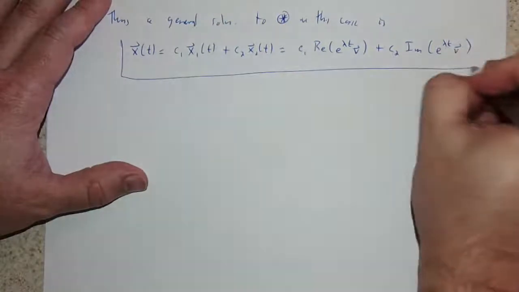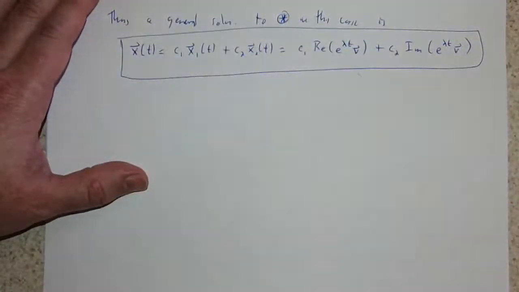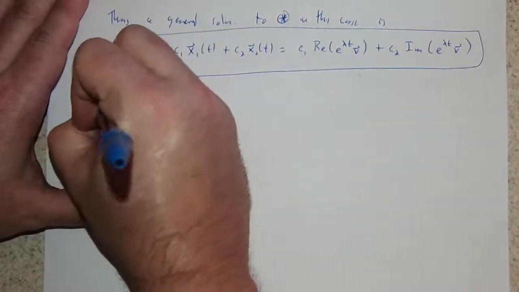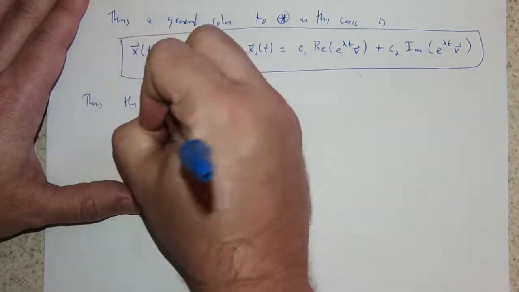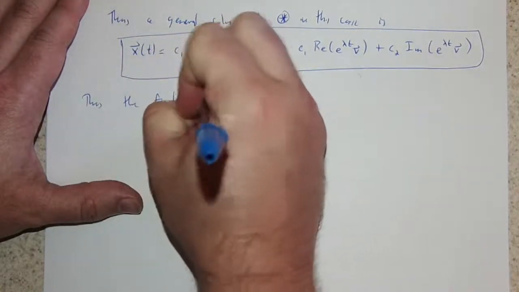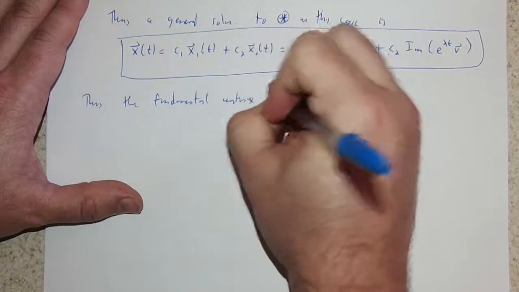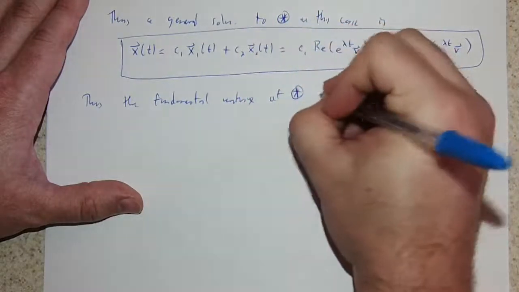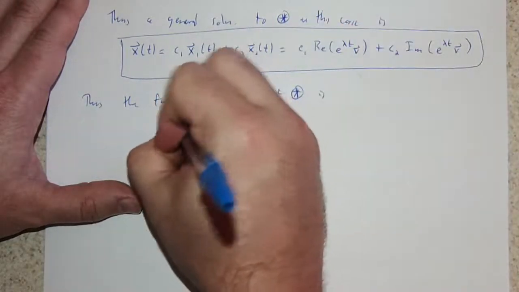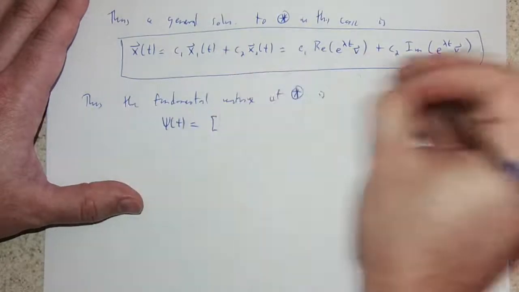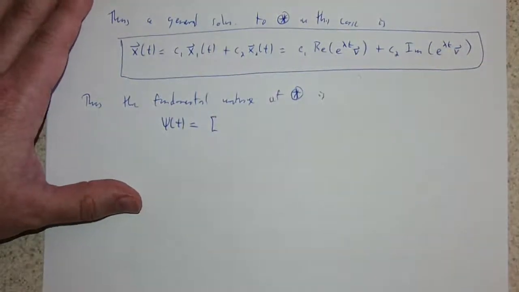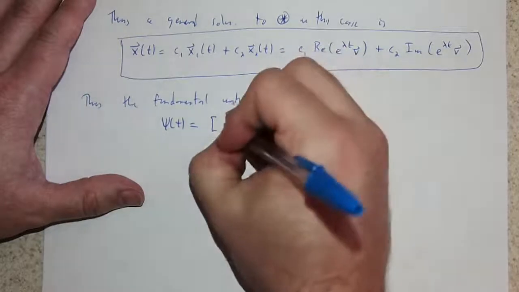And that is as far as it makes sense to go. Thus, the fundamental matrix of star is capital X of t, which is the matrix that has these two members of this fundamental solution set as its columns.